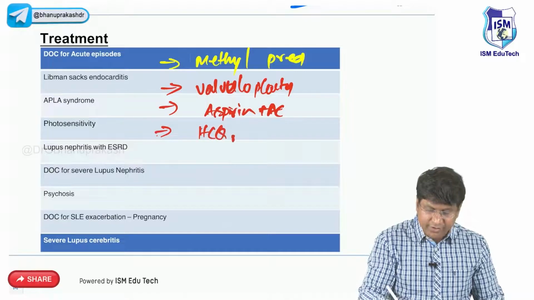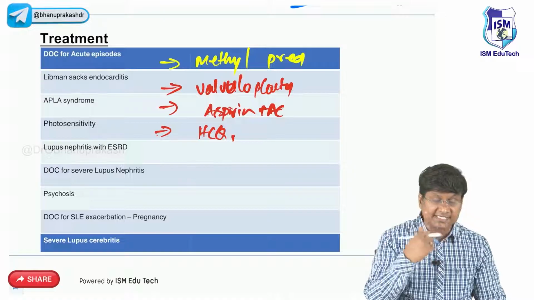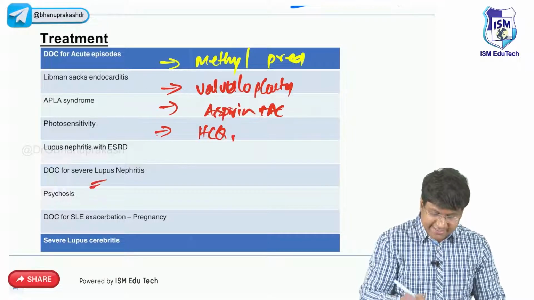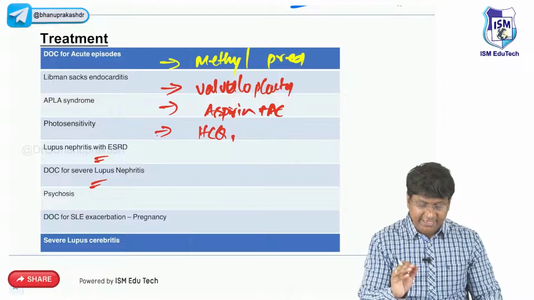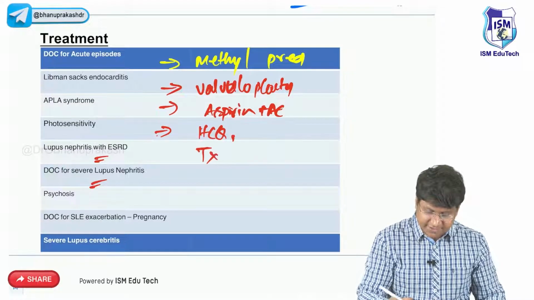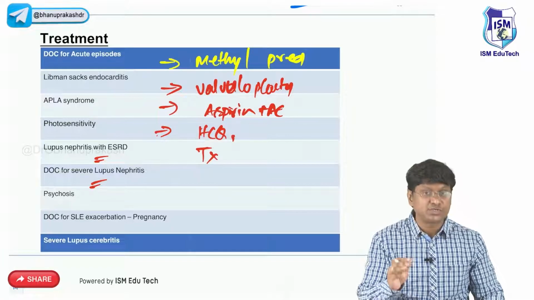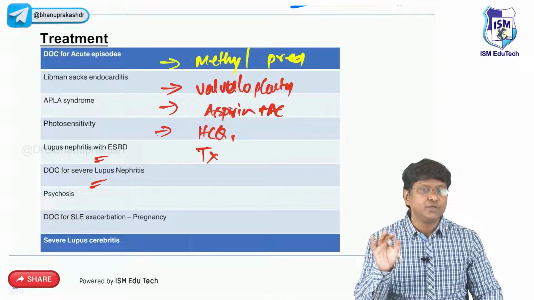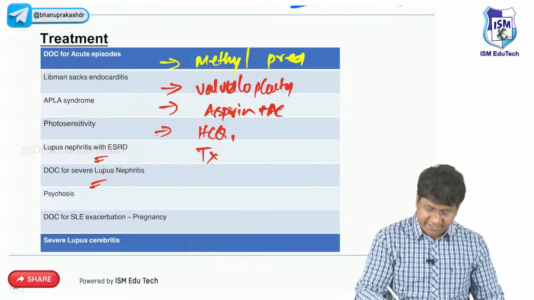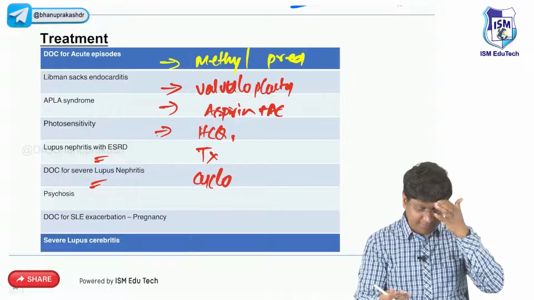For photosensitivity, as I said, hydroxychloroquine is one important drug, and then application of sunscreen lotions. Then lupus nephritis with end-stage renal disease, these patients require renal transplantation, right? And for severe lupus nephritis, the drug of choice is cyclophosphamide.